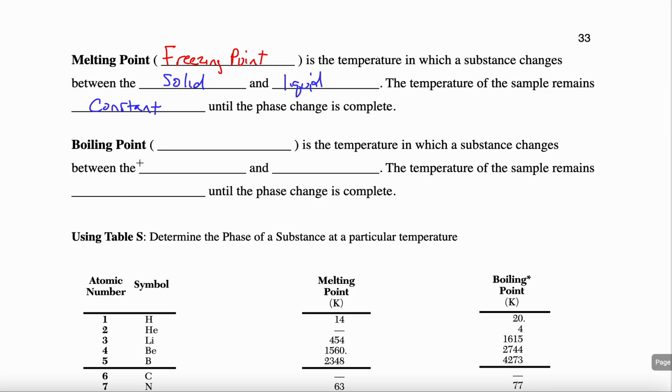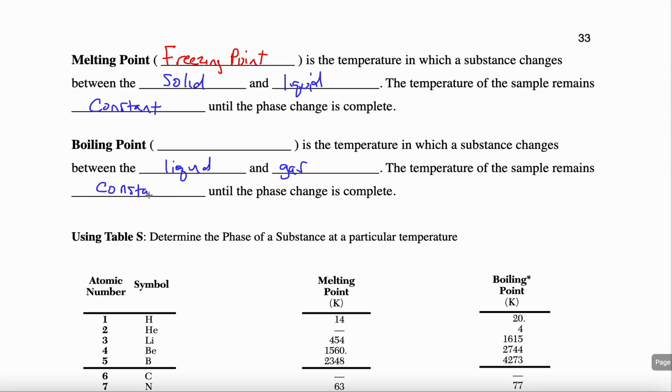The boiling point is the temperature at which a substance changes between the liquid phase and the gas phase. And once again, while a sample of liquid is changing to a gas or a gas condensing back to a liquid, the temperature of the sample remains absolutely constant.